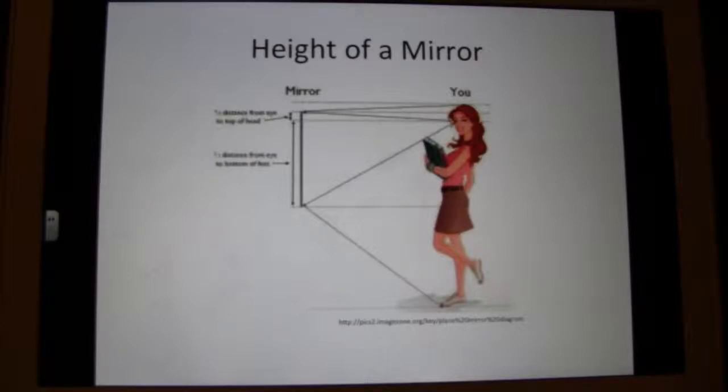The light that leaves the top of the object heads toward the mirror and follows the law of reflection as the light bounces off the mirror into your eye. Light that leaves the bottom of the object heads toward the mirror, follows the law of reflection, and travels into your eye. Because of the law of reflection, the mirror only needs to be half as tall as the person.